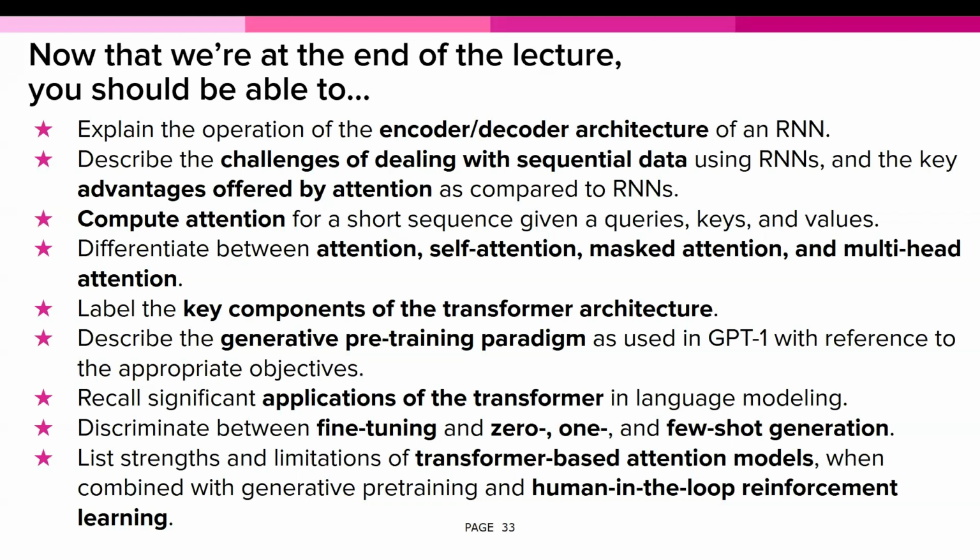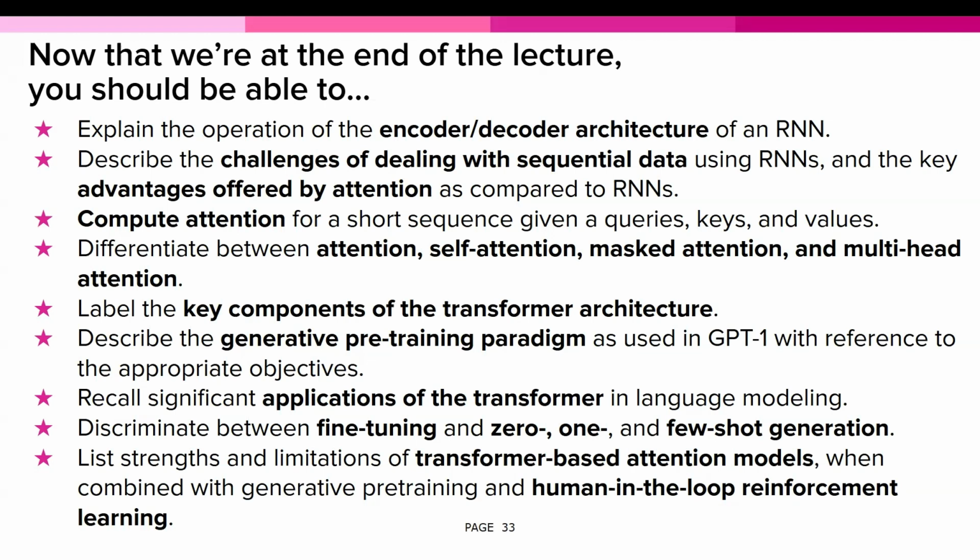And then from there, we talked about the challenges of dealing with sequential data using RNNs, specifically emphasized quite a bit on the fixed dimensional context vector, but also a bit later talked about how the path length scales with the length of the input sequence.